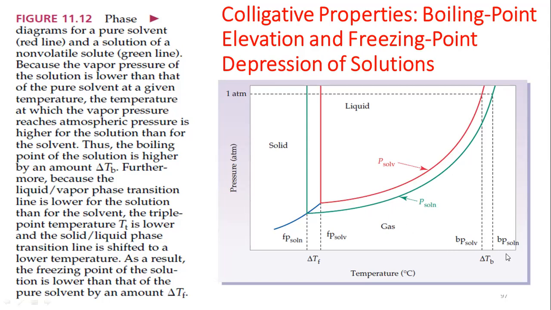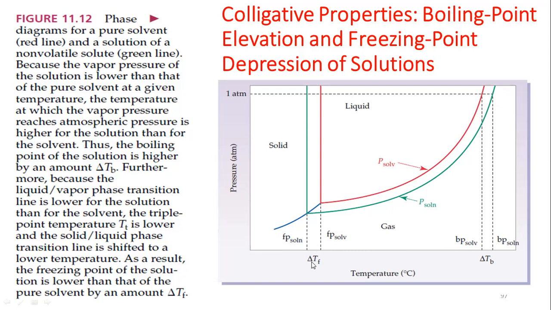That's why this is delta T_b, the boiling point elevation, and this is more for the solution as compared to the pure solvent. And the freezing point of the solution is lower, opposite to this one, as compared to the pure solvent. That's why this is called the freezing point depression.